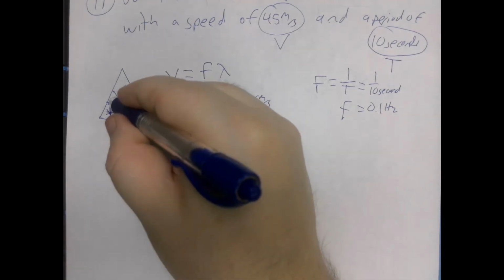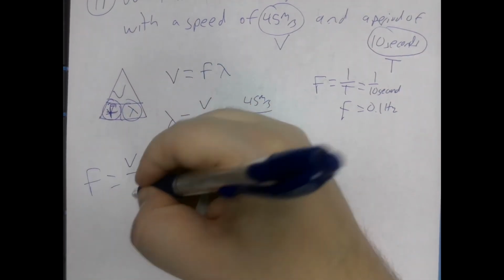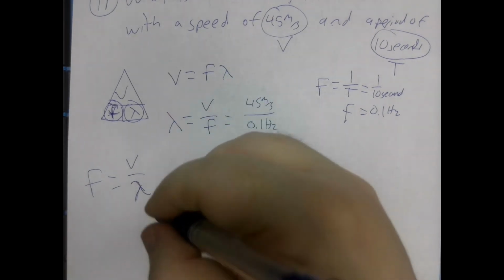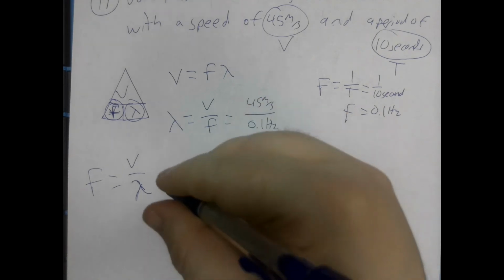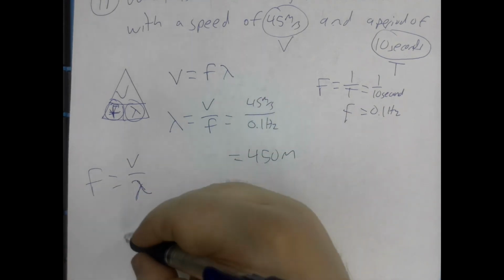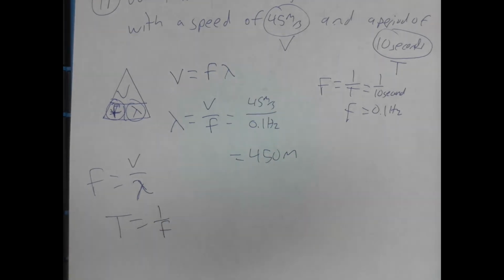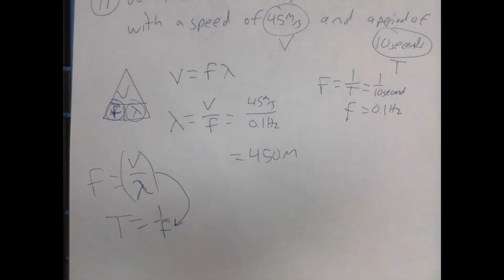You look and you solve for F. F is equal to velocity over wavelength. The velocity is in meters per second, and the wavelength is in meters. But once you get the frequency, you have to convert it into a period. Period is 1 divided by frequency. So if this is frequency, you plug it in here or solve for it first.